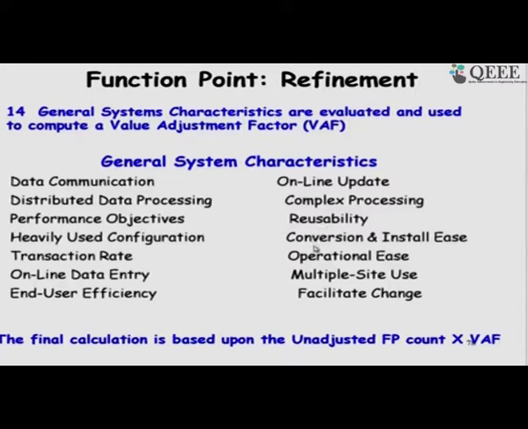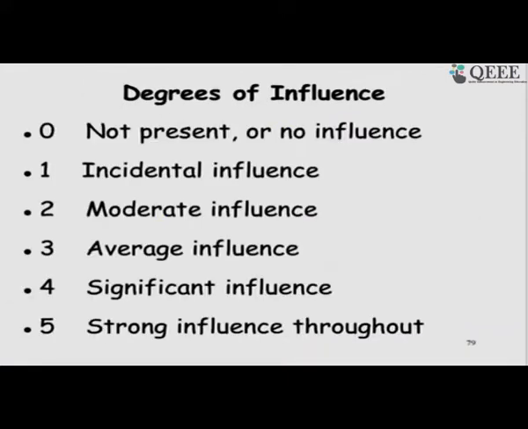The conversion and installation, is operational, how easy it will be to operate, whether the users will be at multiple sites, would it be necessary to change it later and facilitate change, and based on this we would compute the adjustment factor, the value adjustment factor.